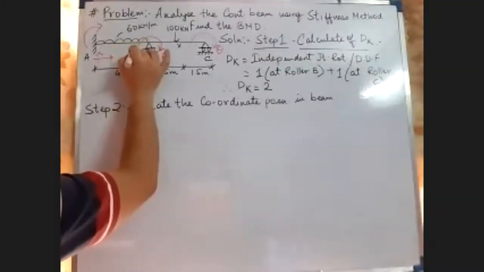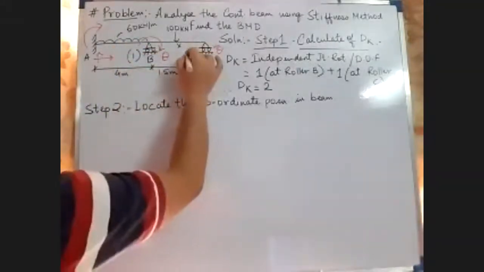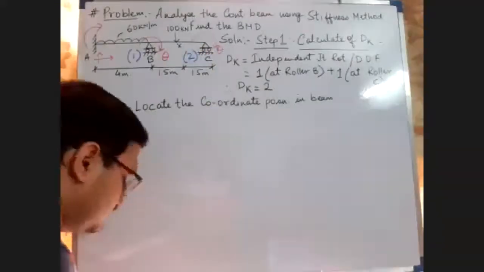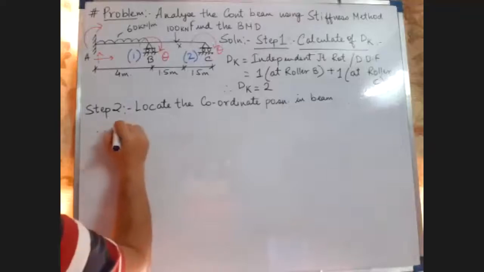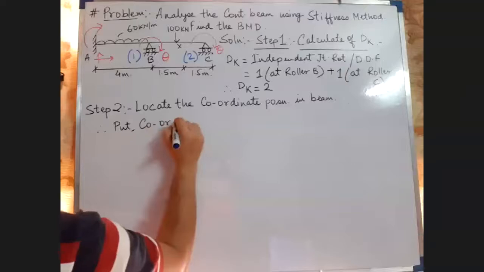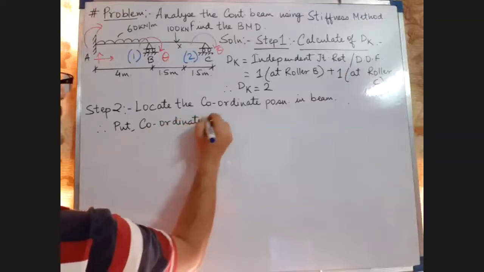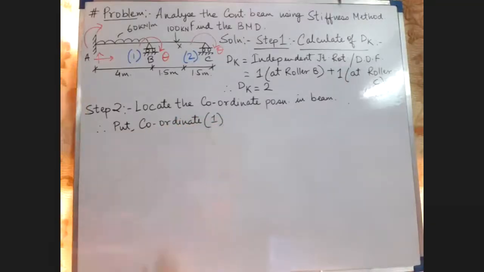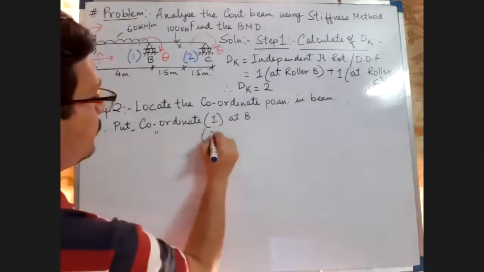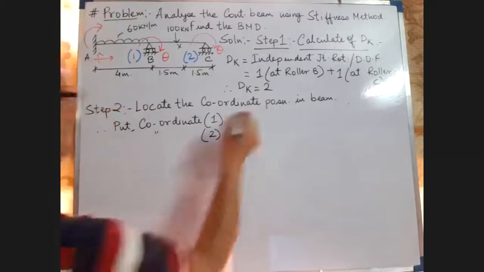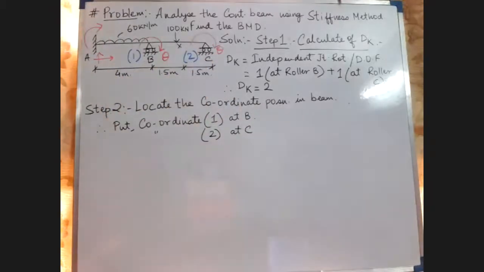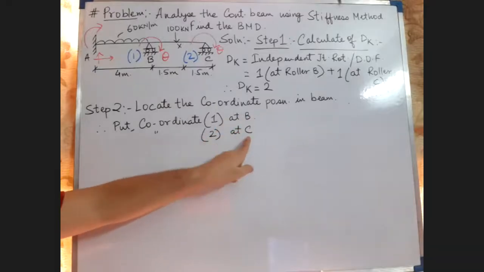So I am providing location 1 at B and location 2 at C. You will write this like this. If you don't write it in the examination, I will cut marks. So put coordinate 1 at support B, and coordinate 2 at C, because at B and C, rotation can take place. That is why I have taken the coordinate 1 and 2 at B and C.